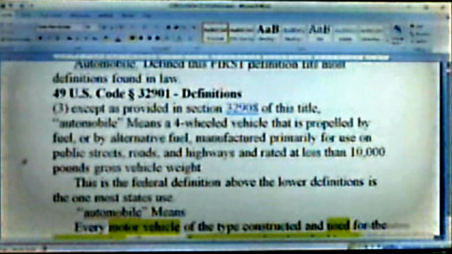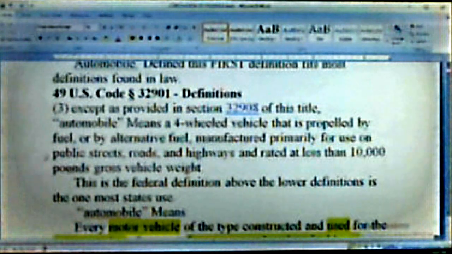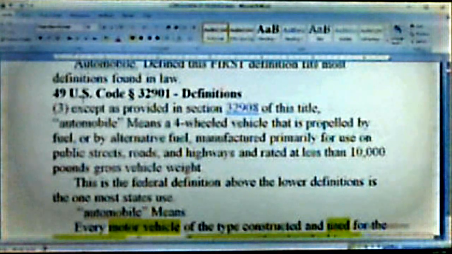Okay? And once we start to understand this, we will understand the difference between what they call consumer goods and equipment that's defined in the UCC codes. Alright? Now here we go at 49 U.S. Code 32901 definitions.